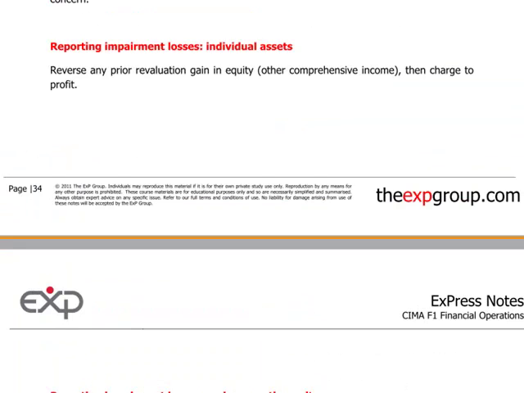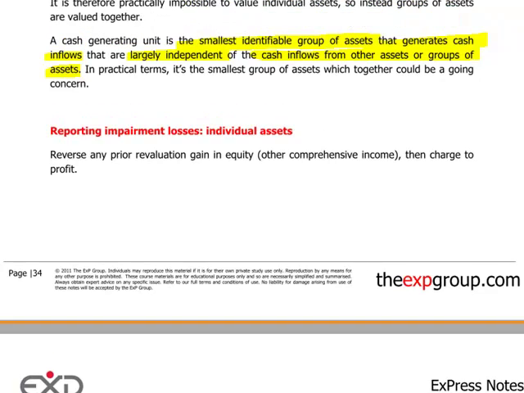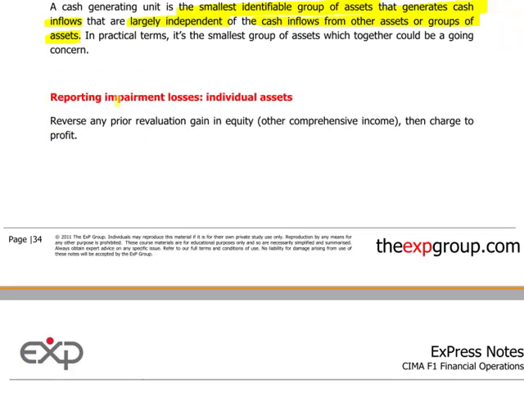As a final point, I'll leave you with some thoughts on the impairment loss. How do we report impairment losses? Well, if you think of individual assets, so not the cash generating units, the CGUs I mentioned earlier, we had an example with an impairment loss of 3. What do we have to do? We have to reverse any prior revaluation gain in equity. In other words, if that non-current asset had a revaluation reserve in relation to it, I would have to reduce that first.